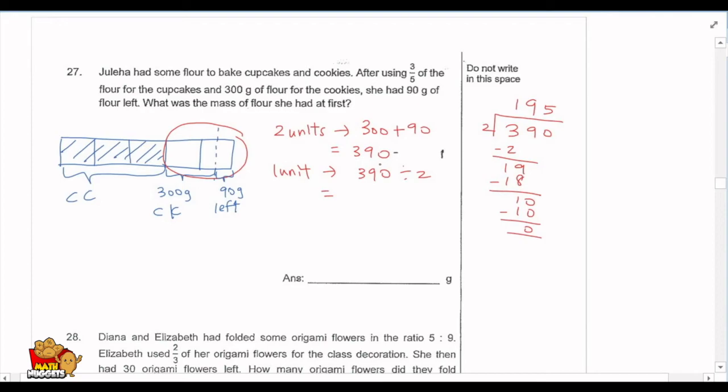So 390 divided by 2 is 195. What's the mass of flour she had at first? 5 units. 195 times 5 is 975. 975 grams.